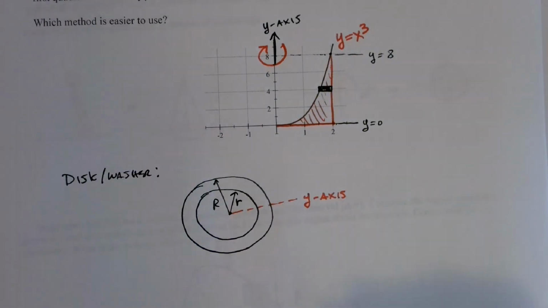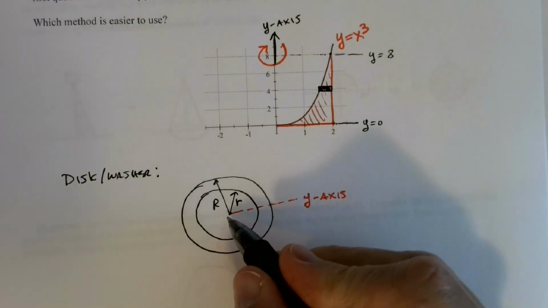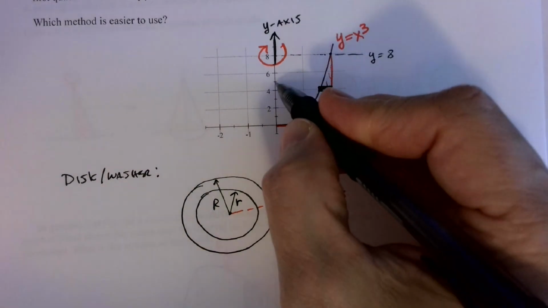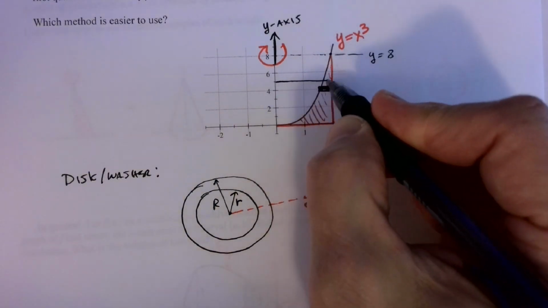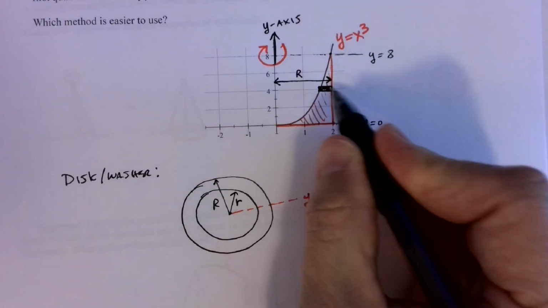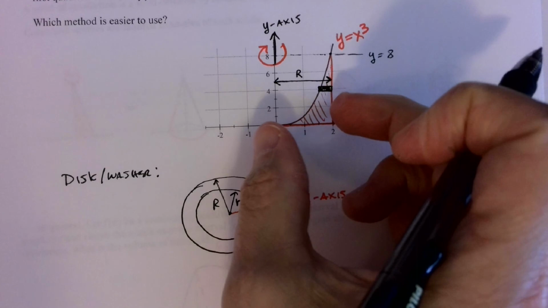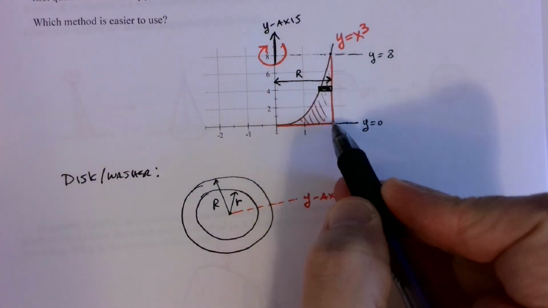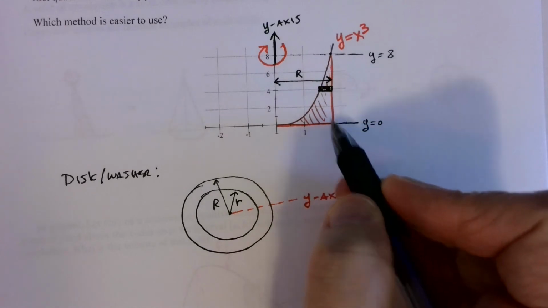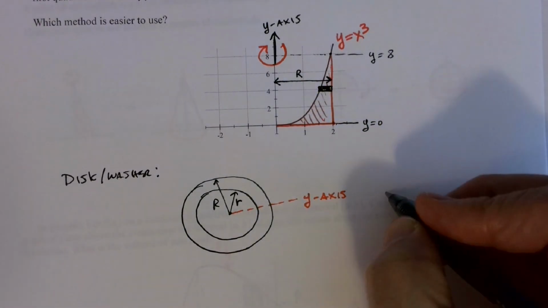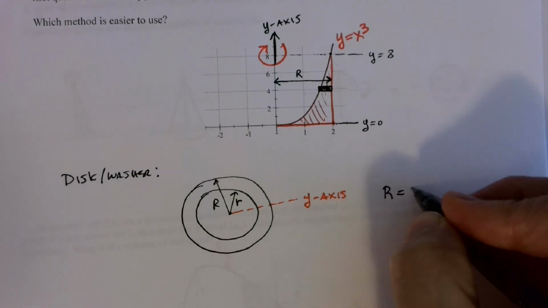The bigger radius is going from the y-axis to the right side of our rectangle. So here's the big R, from here to here. That's that outer radius. And notice it's always on this line, x equals what? 2. And so this is always a distance of 2. The capital R is always equal to 2.